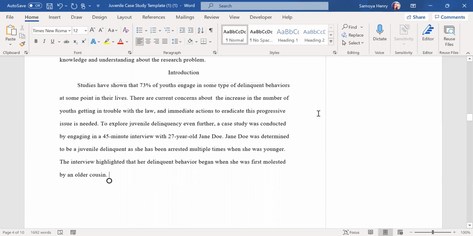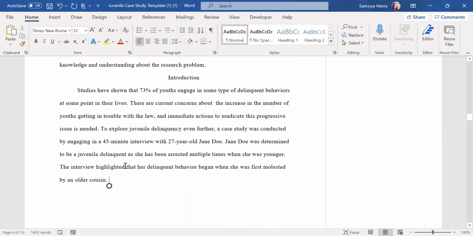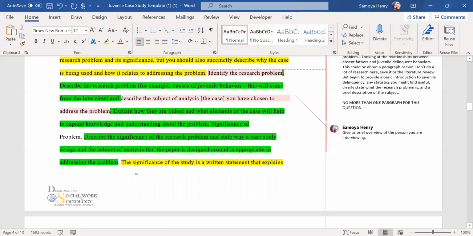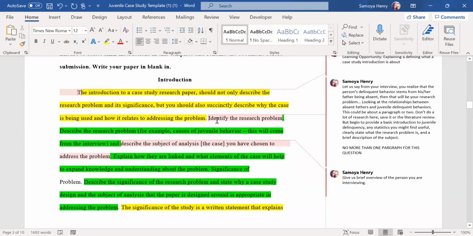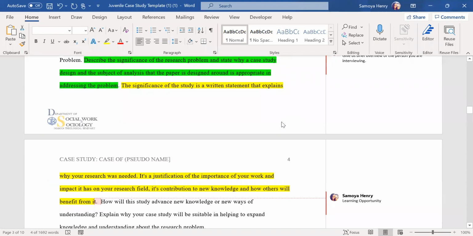Okay, so I just added the interview highlighted that her delinquent behaviors began when she was first molested by her older cousin, right? Now we can quickly talk about the research problem.